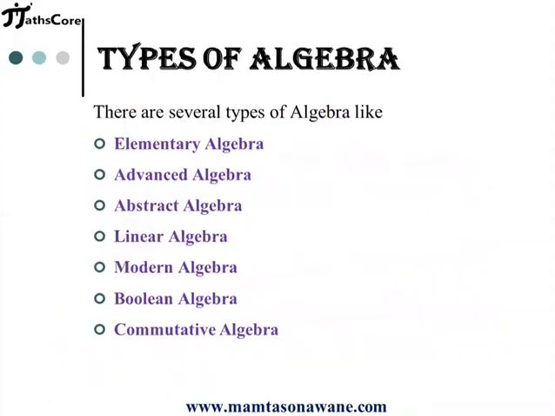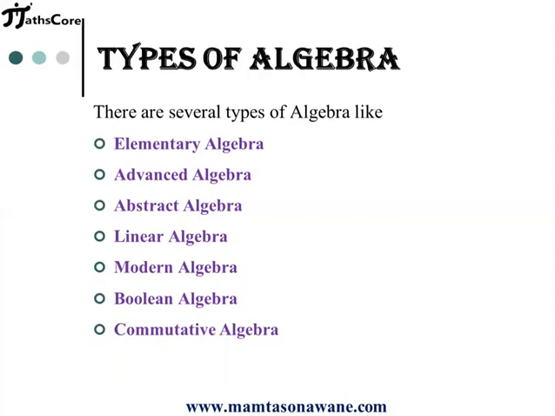Now we will learn about types of algebra. There are many kinds of algebra, but out of those we will take some important types here. The first type is elementary algebra, then advanced algebra, abstract algebra, linear algebra, modern algebra, Boolean algebra, and commutative algebra. These are some important types of algebra that you have to learn at school and college level.